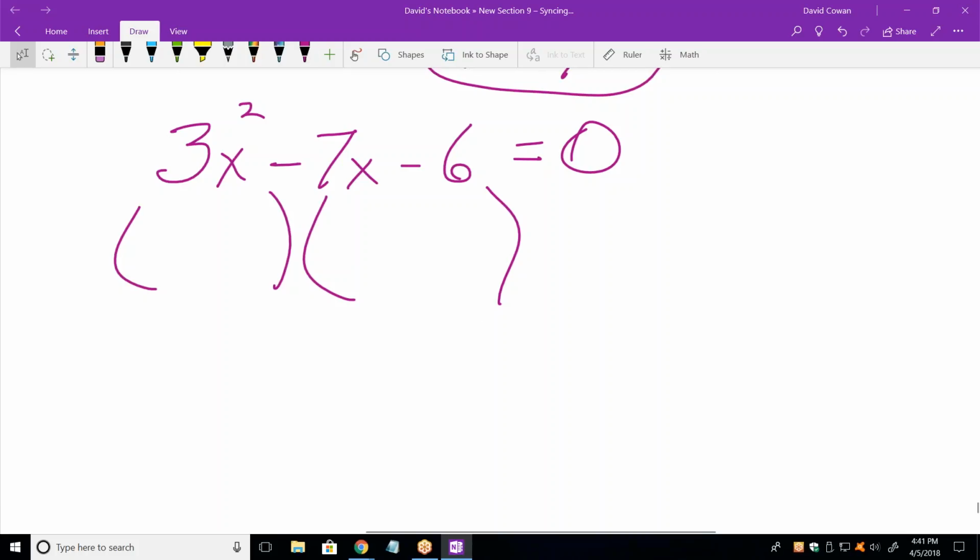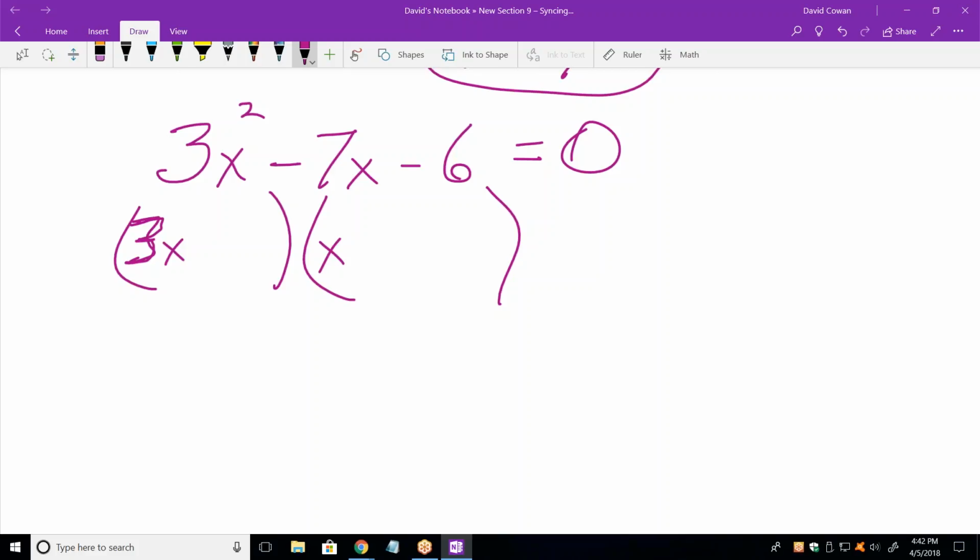First step. We split the 3x squared, put 3x in the left and x in the right. Second step is to determine the signs by looking at the x, the 6 and the middle term.